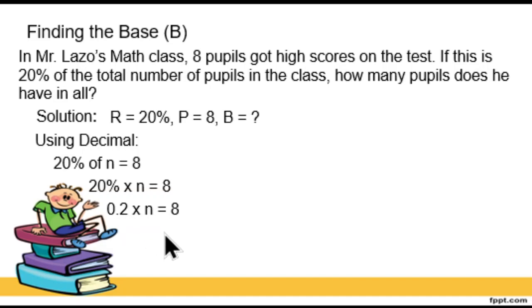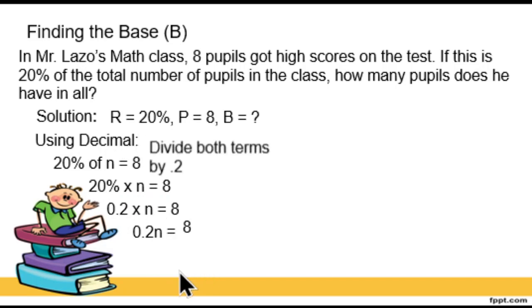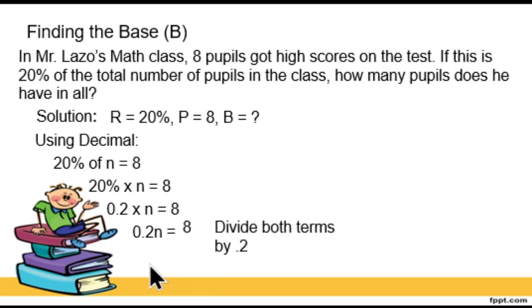And 0.2 times n is 0.2n equals 8. And then divide all terms by 0.2. So 0.2n divided by 0.2 equals 8 divided by 0.2, and then cancel 0.2 and 0.2. The result will become n.